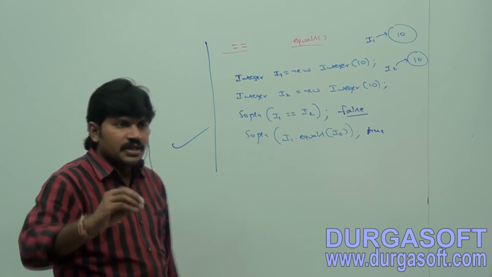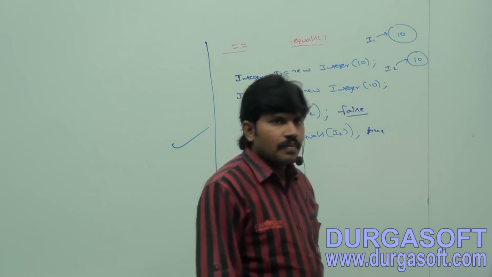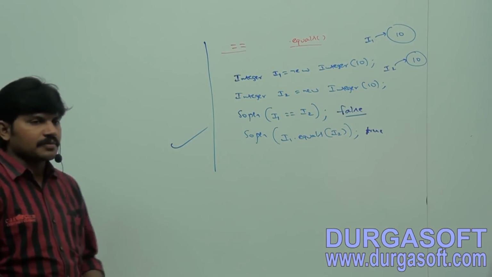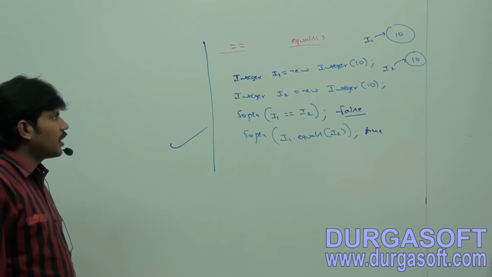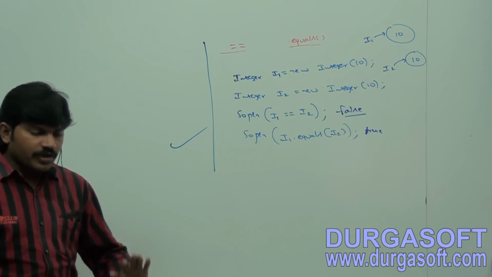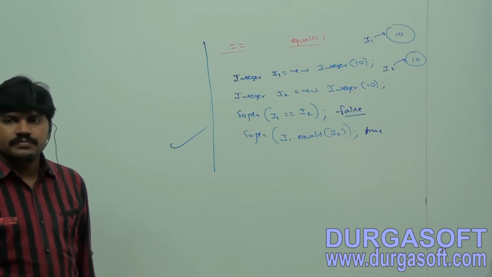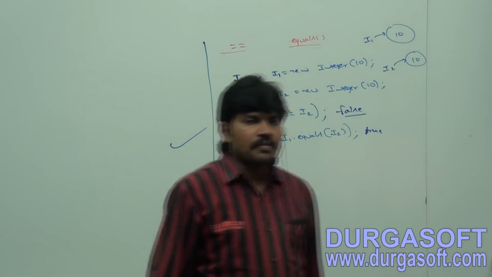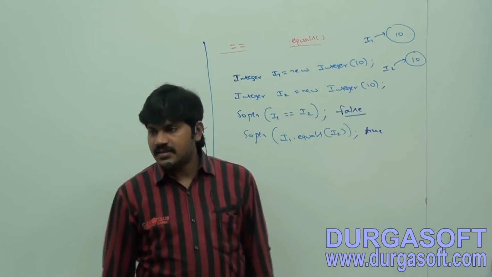In general, the double equal operator is meant for reference comparison, within brackets address comparison.